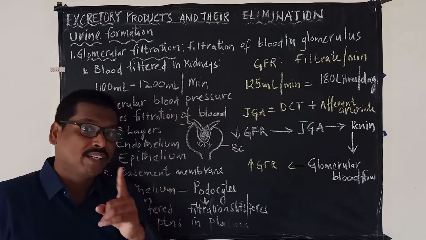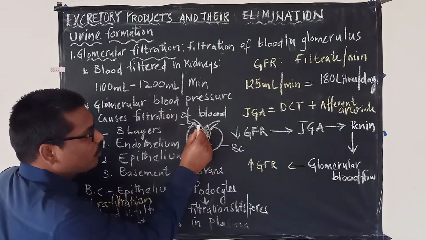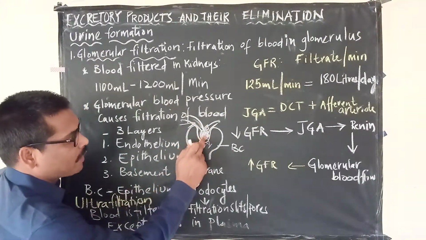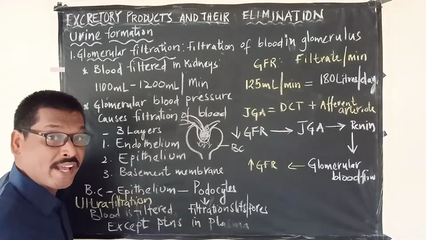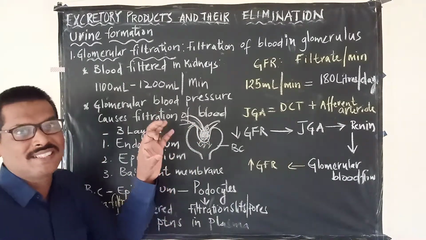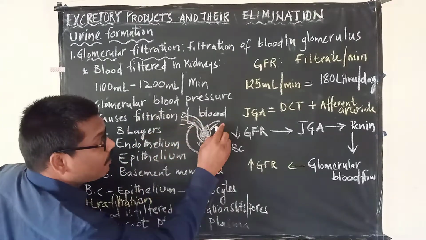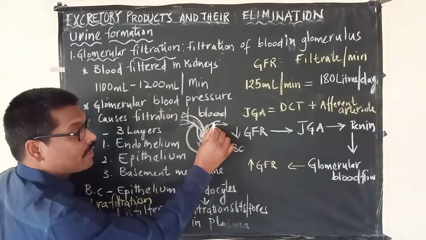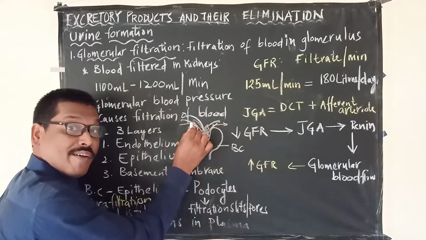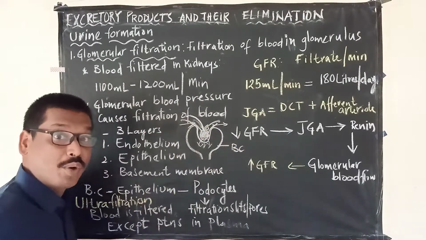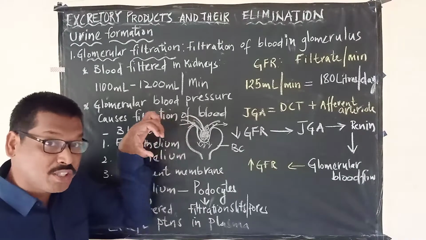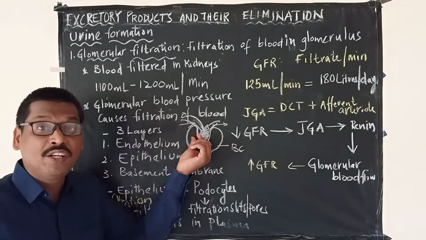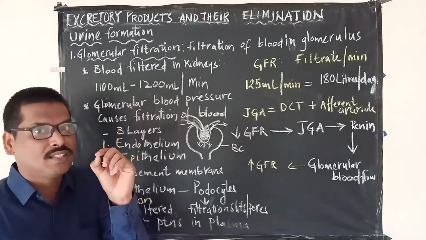How is this blood pressure created? The point to keep in mind is that this blood vessel entering the Bowman's capsule, forming the glomerulus, the afferent arteriole, is broad in size compared with the blood vessel coming out, which is narrow in size, called the efferent arteriole. Afferent and efferent. So the afferent arteriole is broad, which means it brings more blood. So when more blood is entering and moving into the very minute blood vessels, which are called what?